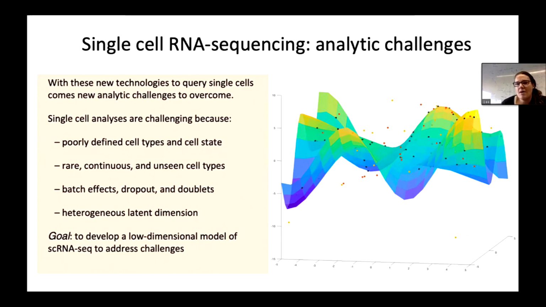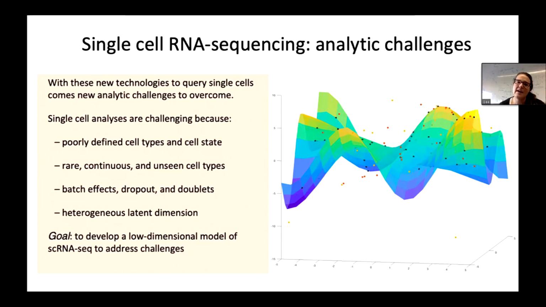Similarly with dropout, dropout is not a technical glitch, but it's actually just a byproduct of sampling from a multinomial distribution. Similarly, doublets, we understand in the drop-based single-cell RNA sequencing what's going on there, but detecting them is actually a little bit harder than it appears at the outset.